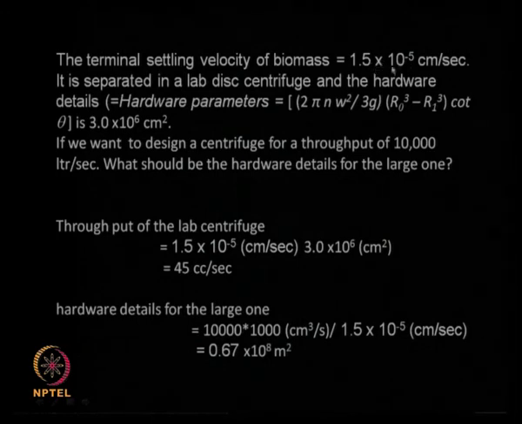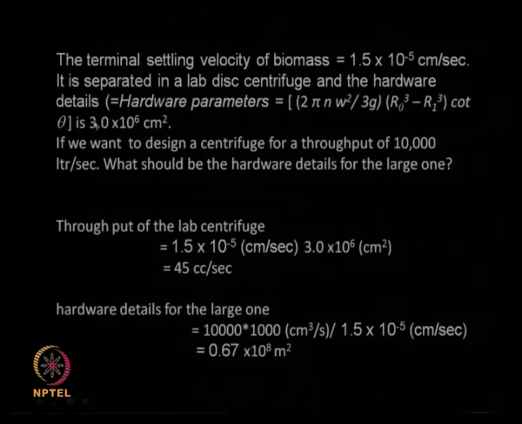The terminal settling velocity is also given, 1.5 into 10 power minus 5 centimeter per second. So the throughput divided by the terminal settling velocity will give you the hardware details for the large centrifuge.